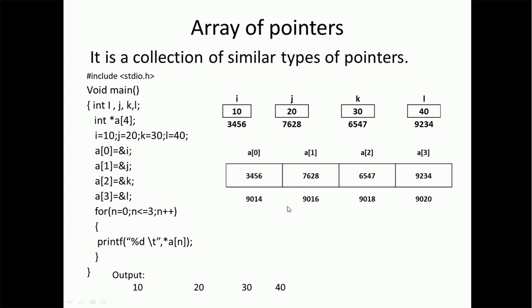When we display *a[0], this will print the value of i. When we display *a[1], this will print the value of j. When we display *a[2], this will print the value of k. And when we display *a[3], this will print the value of l. So the output is 10, 20, 30 and 40, which are the values of i, j, k and l because of this printf statement inside the for loop.